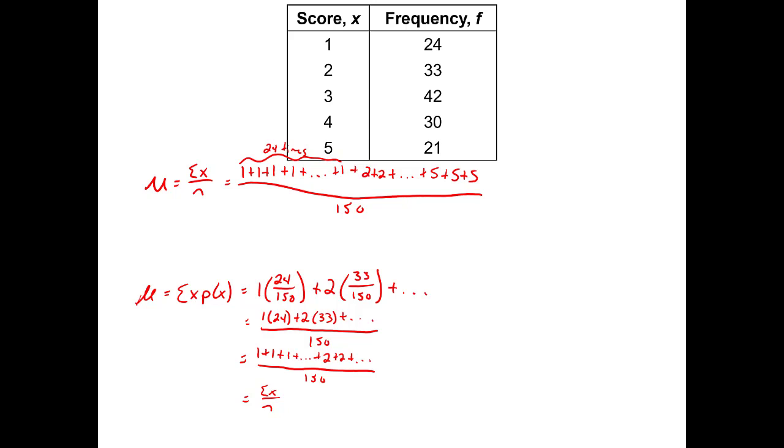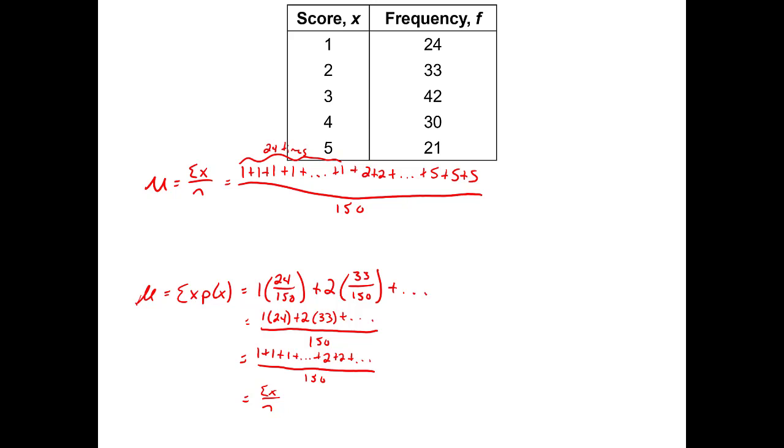Plus 2 times 33 over 150. Plus, and so on for 3, 4, and 5, right? So if we think about this, what are we really saying here? What is repeated addition the same thing as? That's multiplication, right?